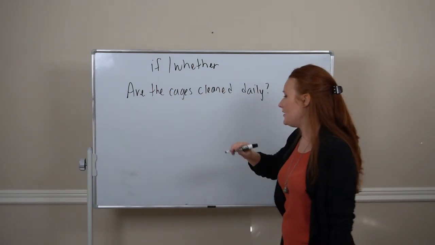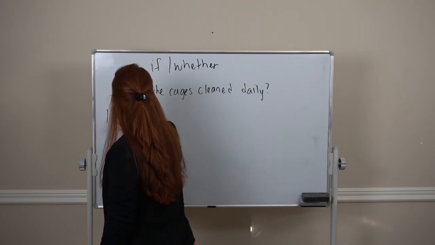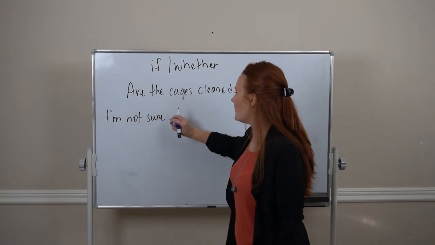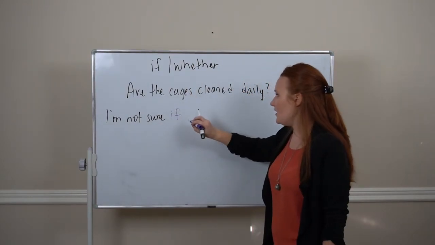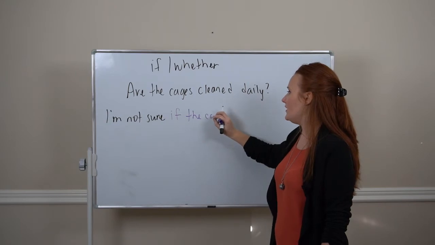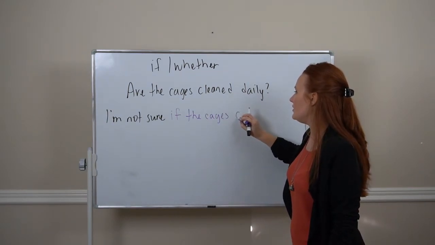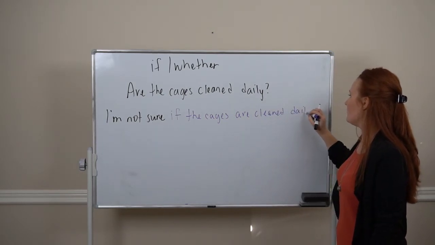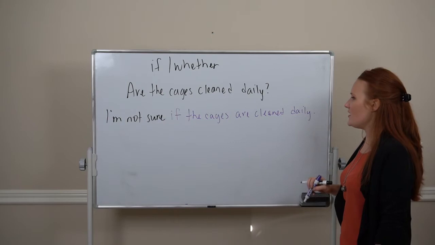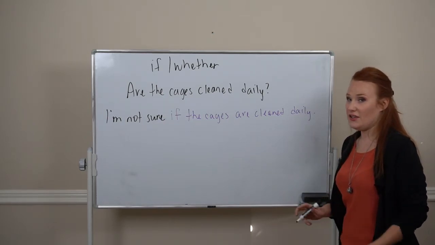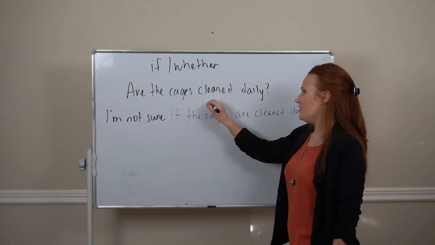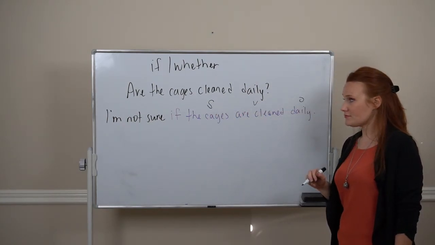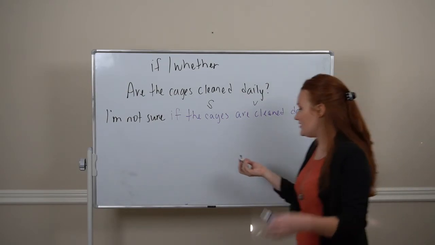So our embedded question, I'm not sure, gonna start with, we'll go with if, then our subject, the cages, then our verb, are cleaned, and other information. I'm not sure if the cages are cleaned daily. So we have if at the beginning, then subject, then verb, then object or other. Whether is also just fine.